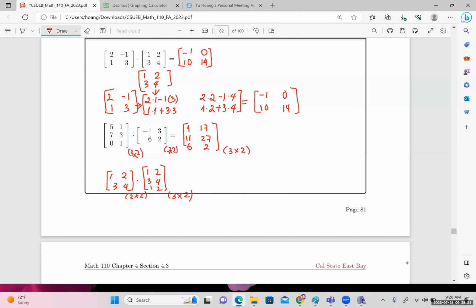Okay. And can you do this product? Right? Can't do it, because the first one's column count was 2, and the second one's row count was 3, not matching. Right. So then we can say we cannot do multiplication for this one.